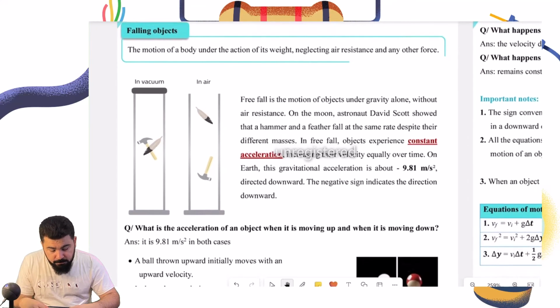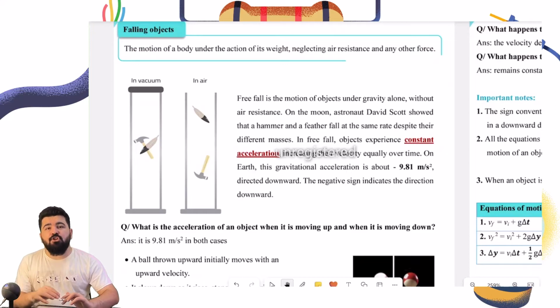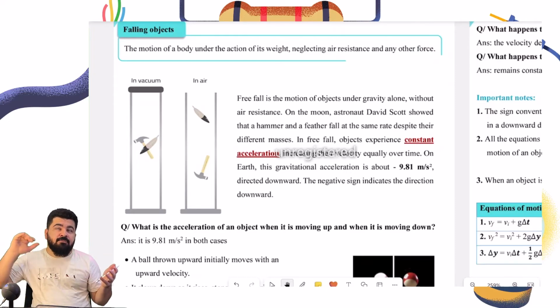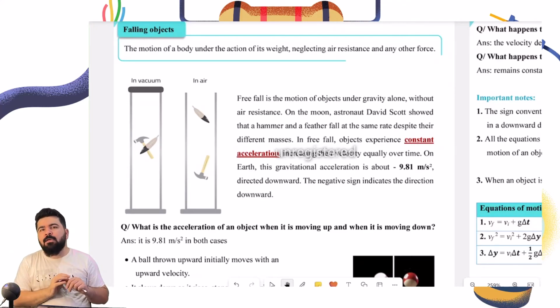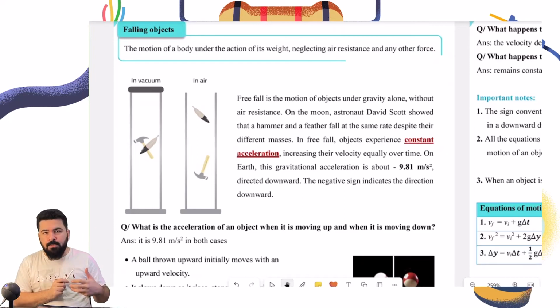There is a video I recommend you watch, and I'll try to put the video here, where you have a feather and a ball. In the first situation where you let them fall, you're going to see that the feather is floating in the air while the ball has already hit the ground. In the second situation, they remove the air in the room, creating a vacuum chamber.